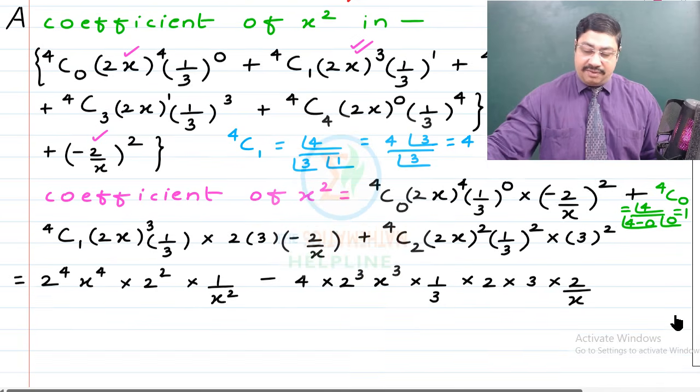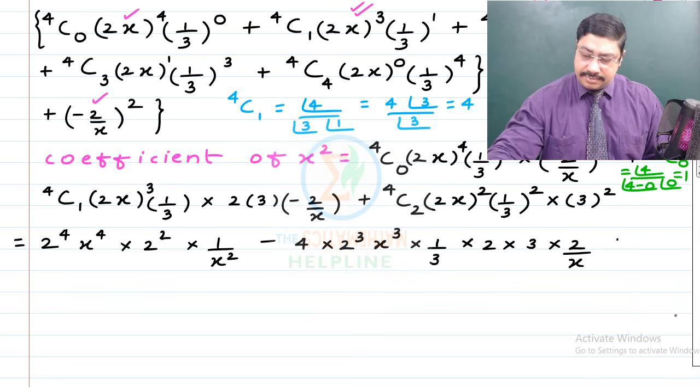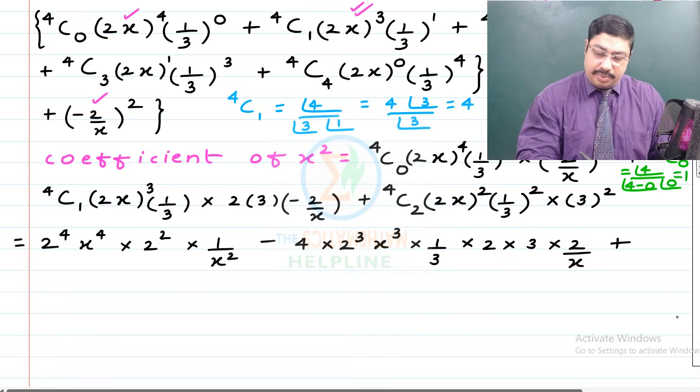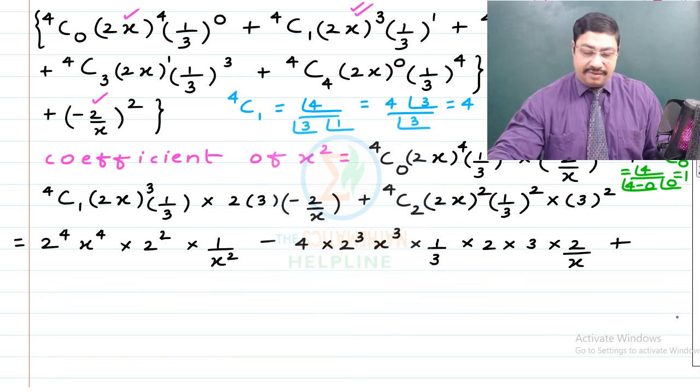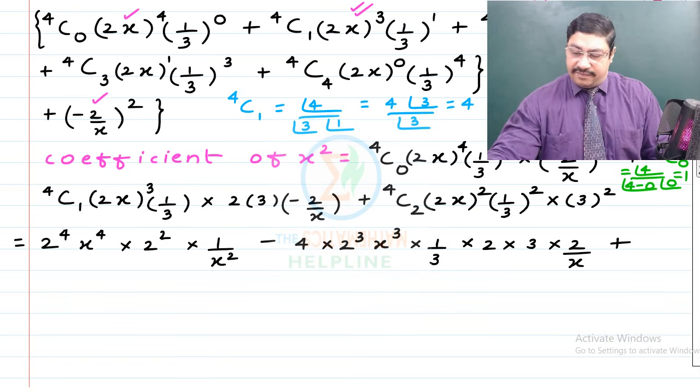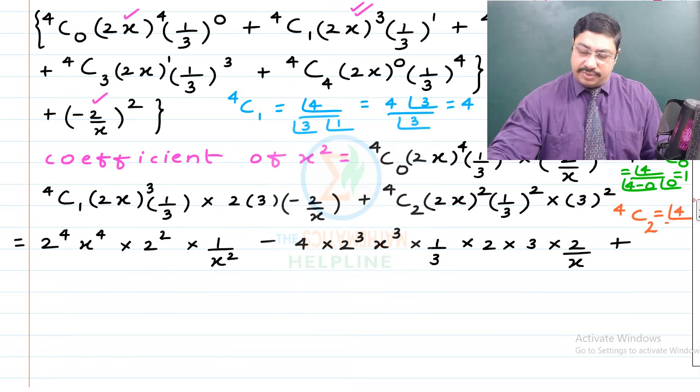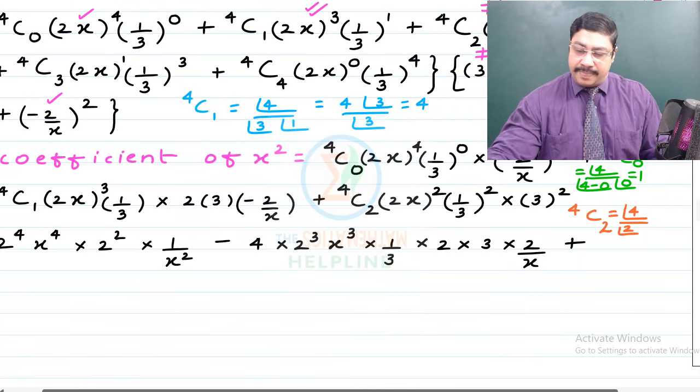Now is the time for the third term. So children, in the third term, what we have is 4C2, and that will become equal to 12. I'll show you how. So 4C2 is going to become equal to factorial 4, which will be divided by factorial 2, and again it will be multiplied by factorial 2 in the denominator, right?